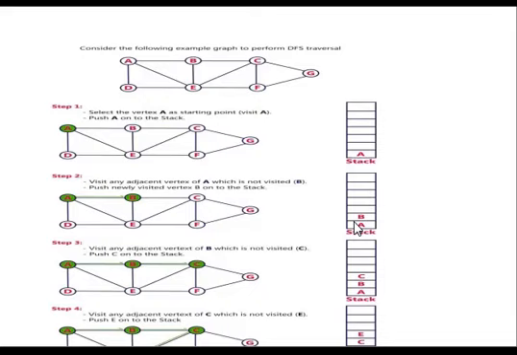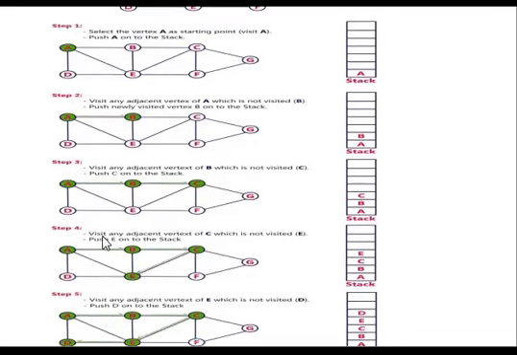And step 4, from C, the adjacent unvisited vertices are E, F, and G. Following alphabetical order, we choose E and push it into the stack.